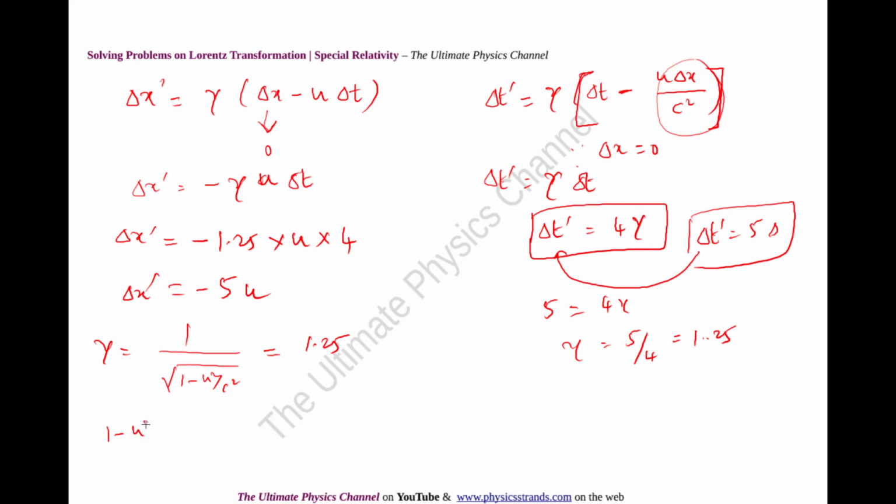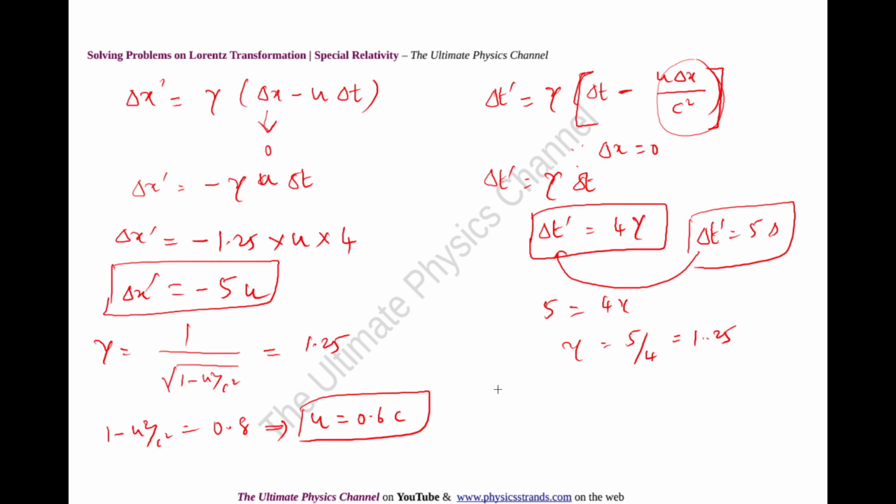So I will have 1 minus u squared over c squared equal to the inverse of 1.25 squared, which is 0.8. So if I simplify this, I get u equal to 0.6c. Please verify that one. This is 0.6c. So now I have the velocity of relative motion.